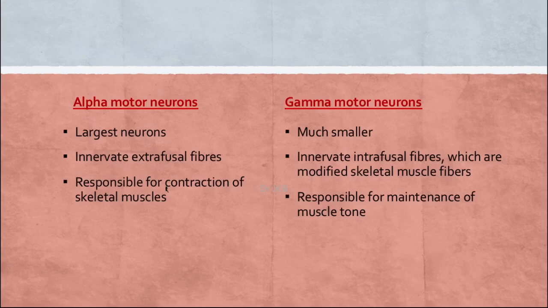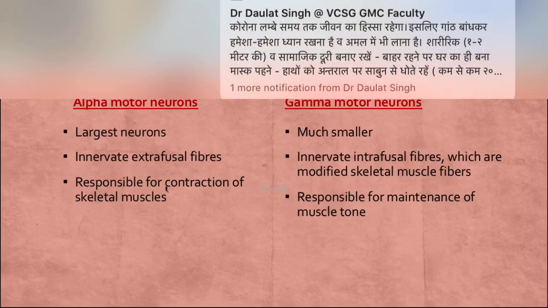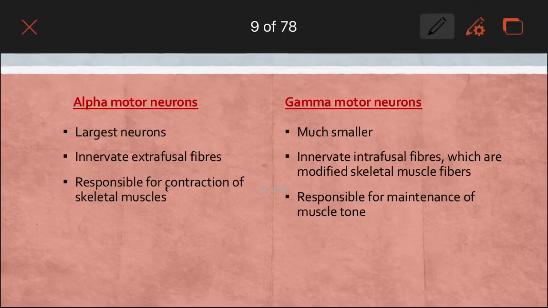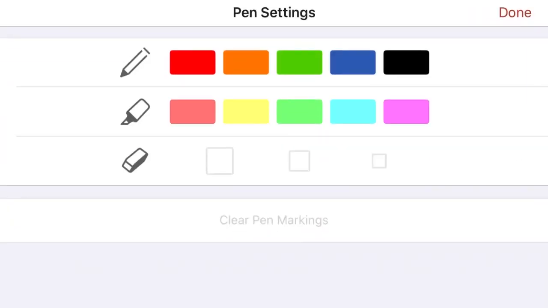The broader aspect: we have read so many things about the skeletal muscle, but still a bit of the part is missing. If I try to draw the diagram, say this is the muscle.